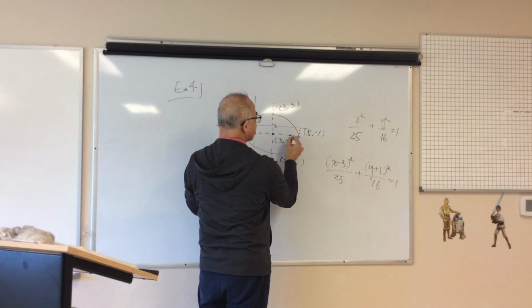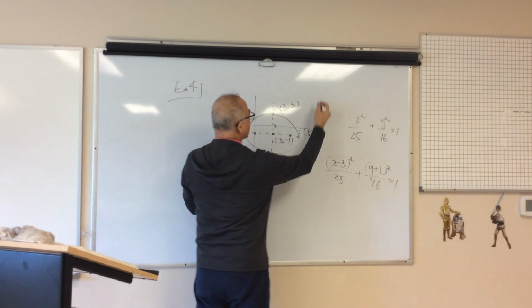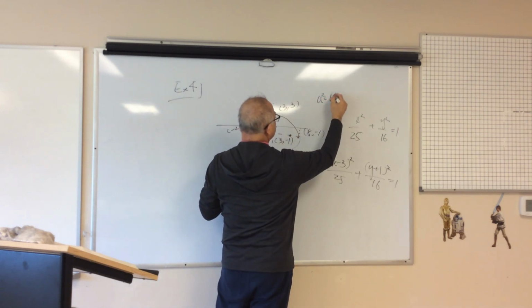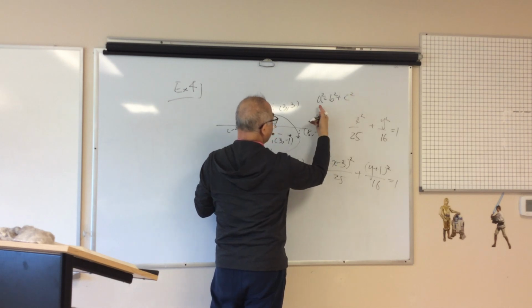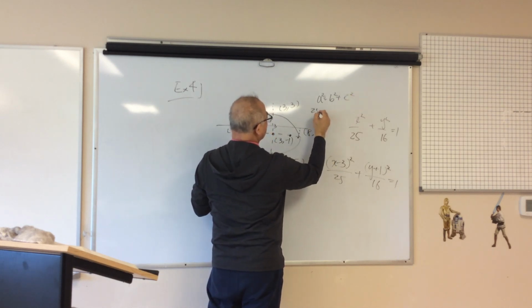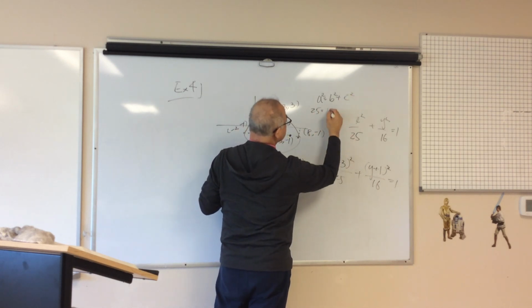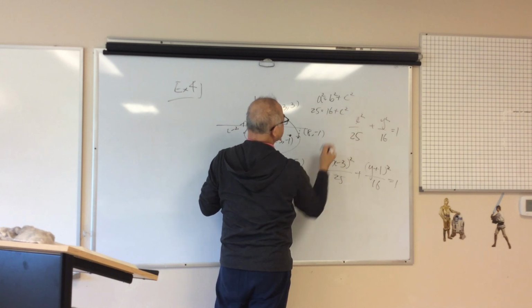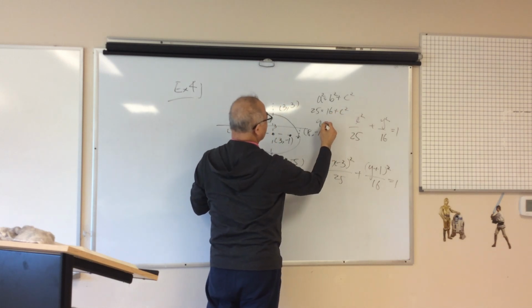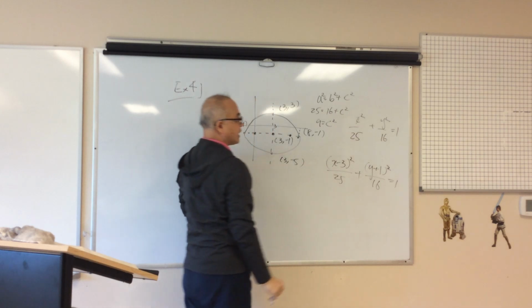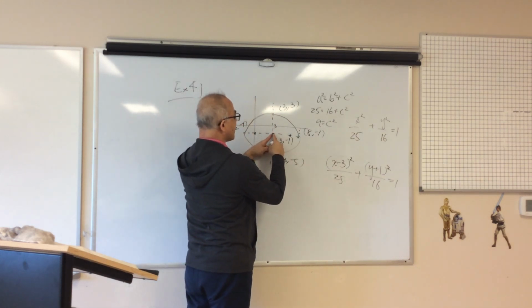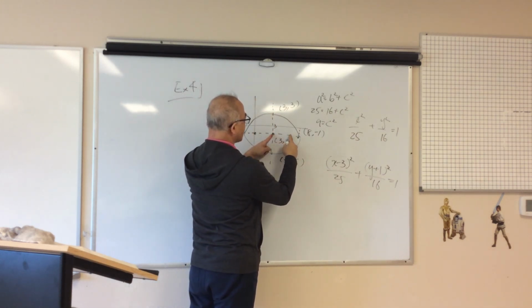So I have to go C this way, which I don't know what C is. A squared is equal to B squared plus C squared. A squared is here, 25. B squared is 16. C would be 3. So I have to go 3 from here to here.